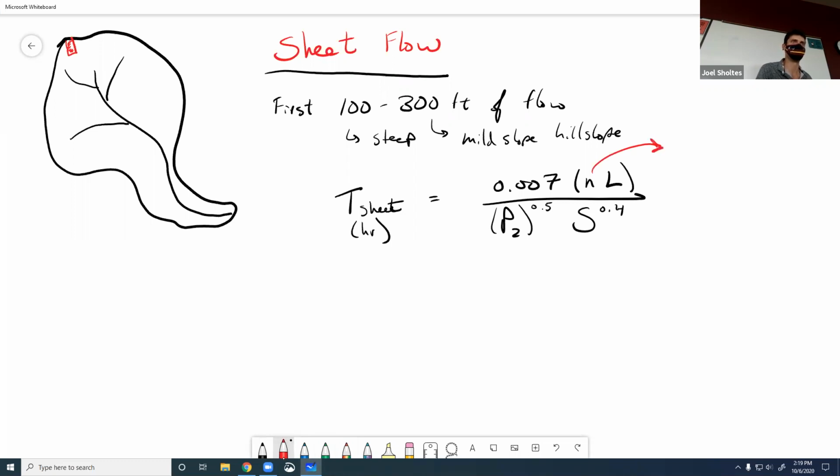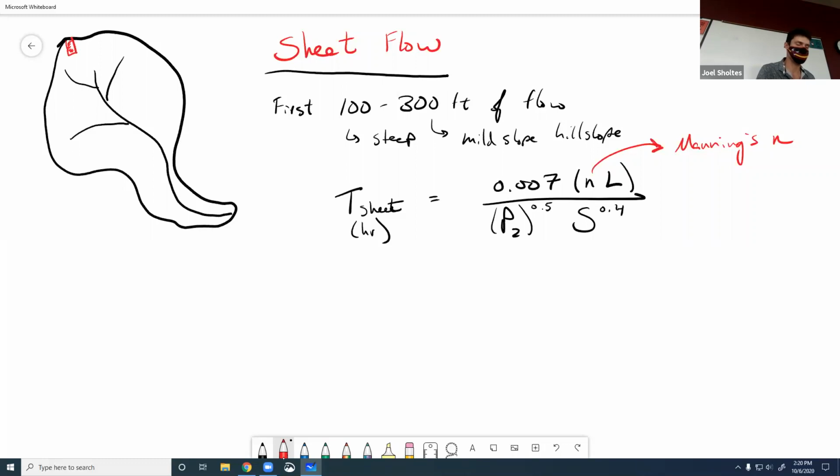Does anyone recognize N? I'll give you a hint. We learned it in hydraulics. Manning's N. So Manning's N, remember, is the roughness coefficient. The higher the number is, the rougher the surface the water is traveling over is.